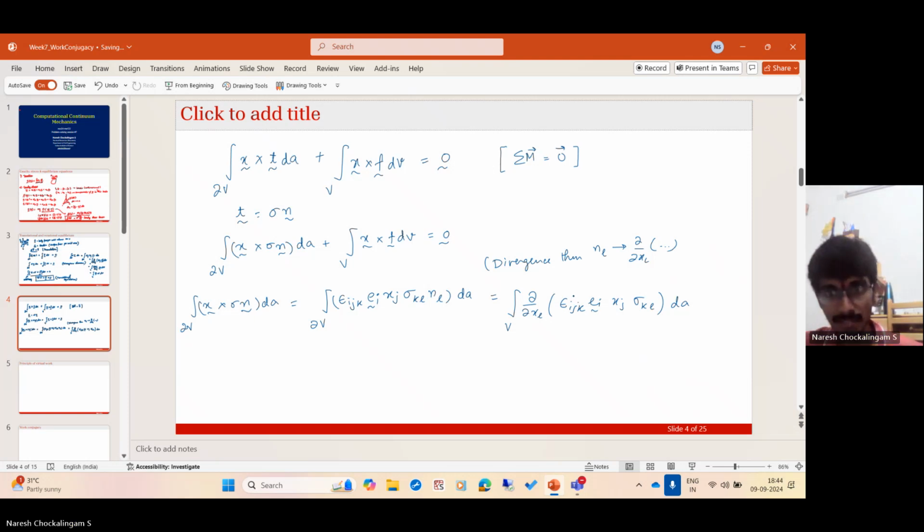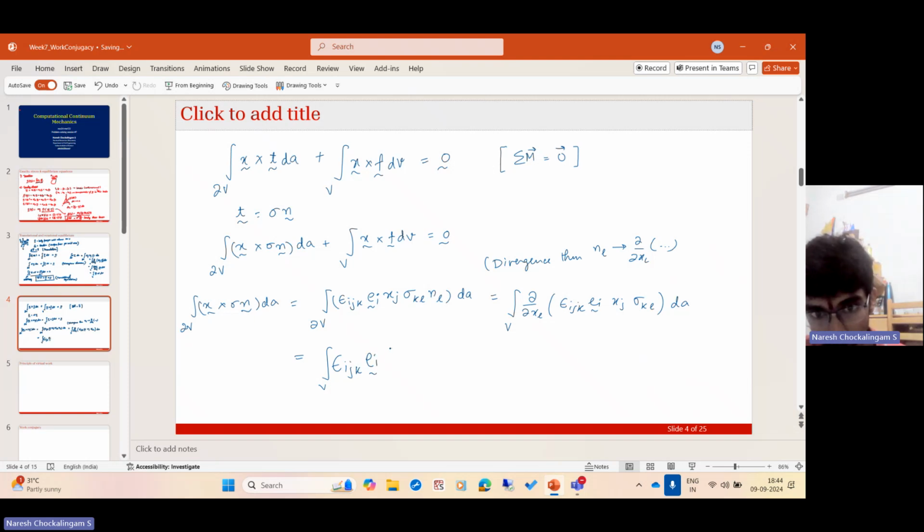The permutation symbol does not depend on the position, nor does the basis vector ei. Therefore, you can take the permutation symbol epsilon ijk and ei out.